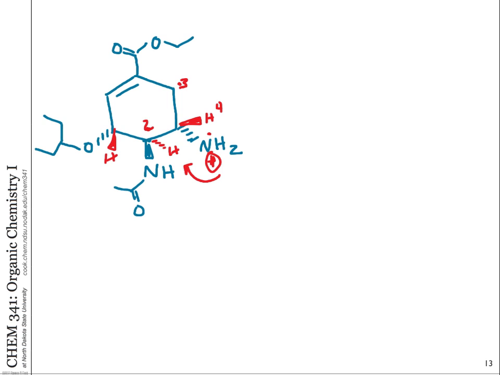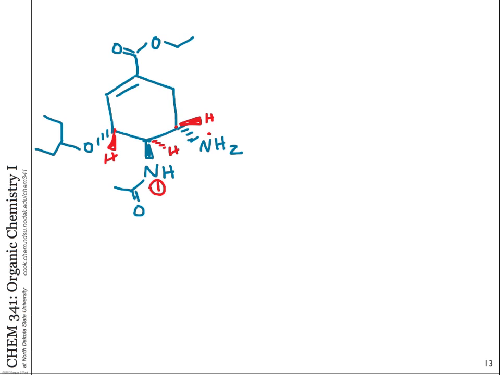Let me get rid of that one. We'll look at the next stereocenter. Here we have highest priority 1. Now, which has higher priority, this carbon to the right or the carbon to the left? Well, they're both carbons, so you go out next. One is attached to nitrogen, one is attached to oxygen.